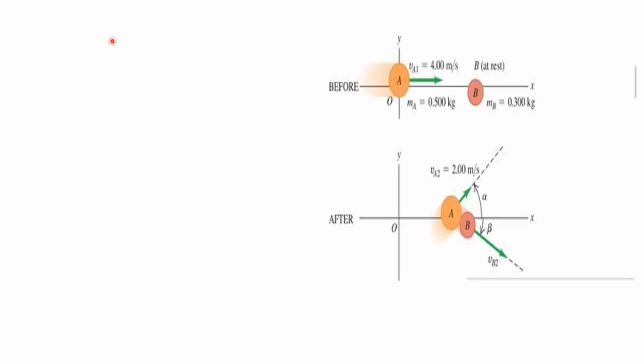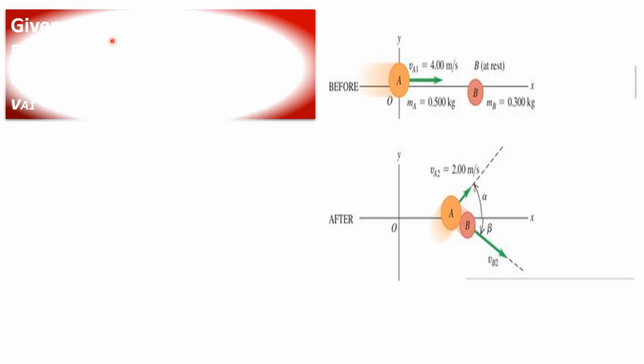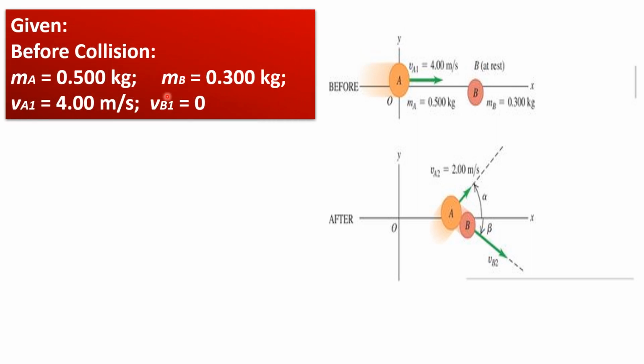Okay, so as usual, we will identify the given data based from our diagram. Before the collision, we have the two particles and their individual masses. For particle A, the mass is 0.500 kilogram, while for particle B, the mass is 0.300 kilogram.